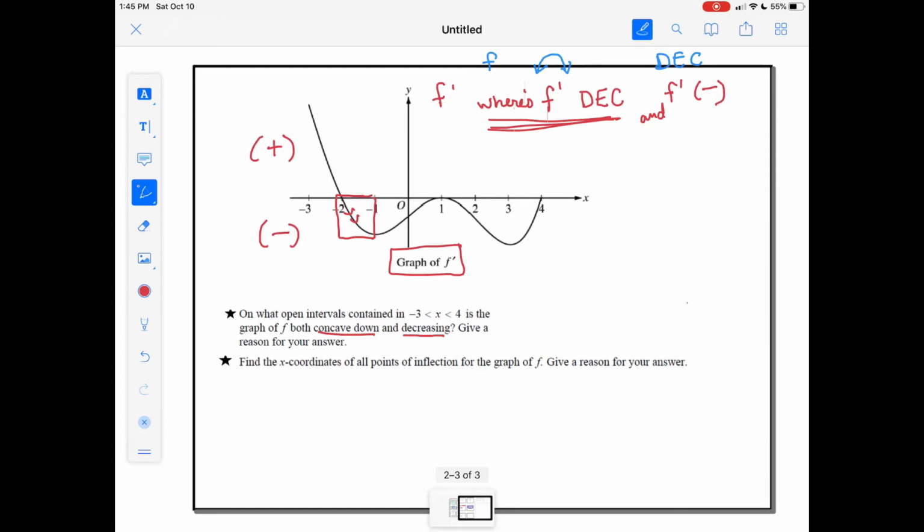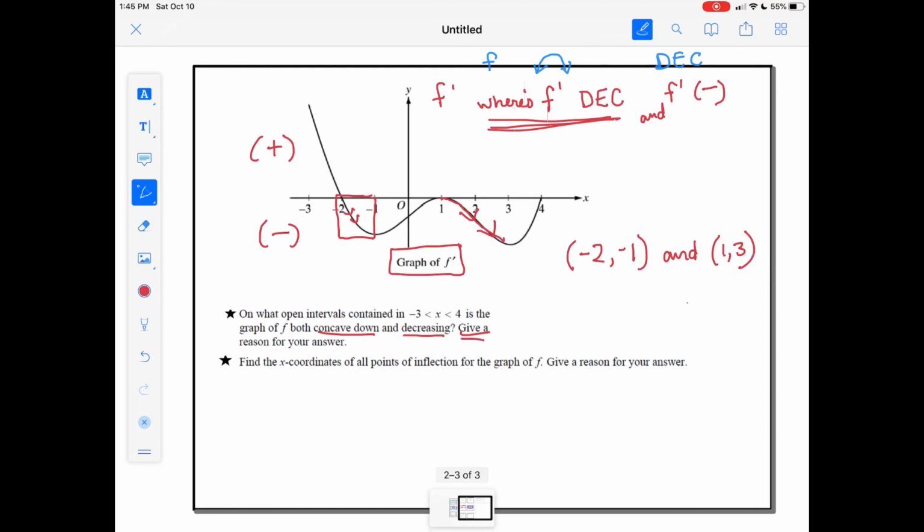It's below the x-axis. And then it's still negative from -1, but that's now increasing. And now this stretch, decreasing and negative. So I believe we found -2 to -1 is one interval. And I can just write "and", I don't need the union, from 1 to 3.